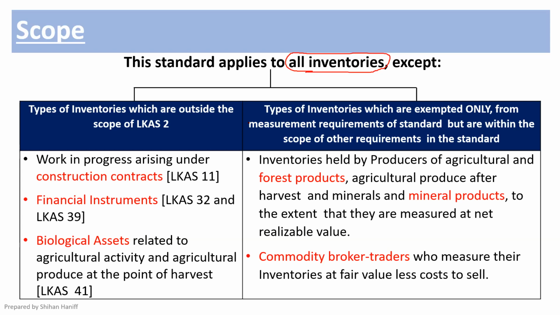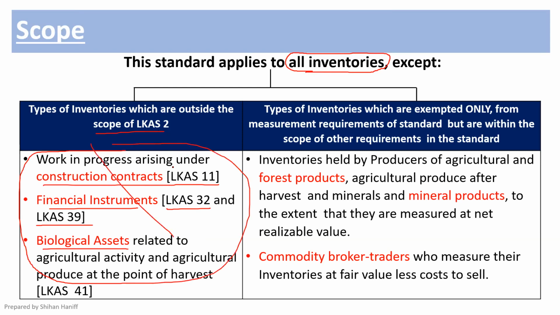All the inventories which don't come under the scope of LKAS 2, like if there is any other specific standard, for example construction contracts, LKAS 11, LKAS 32 and 39 financial instruments, biological assets, we don't take those into LKAS 2.